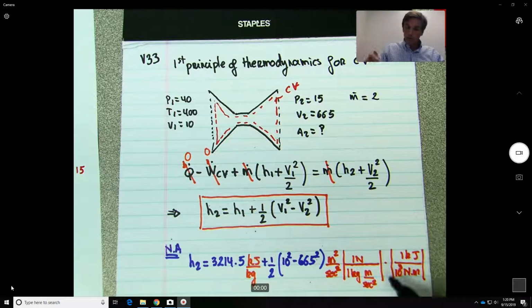So if you do this, the Newton cancels with this Newton, this meter combines with this one to cancel, and this second squared cancels this one, so we're left with kilojoules per kilogram. Basically, we need to divide this value by 1000.